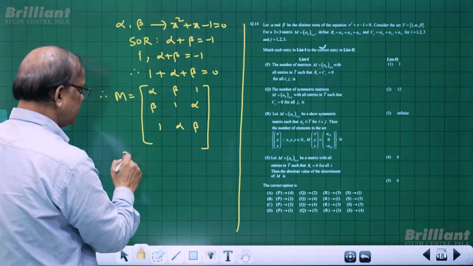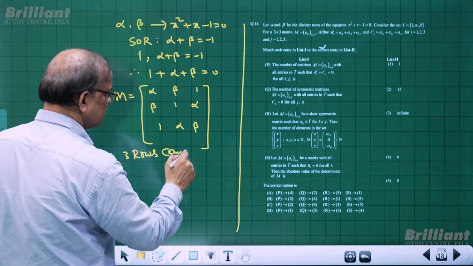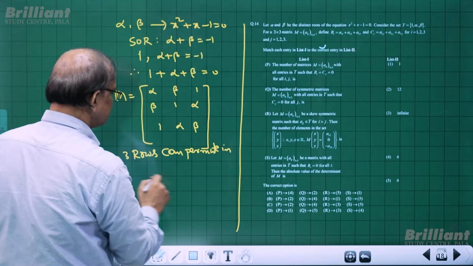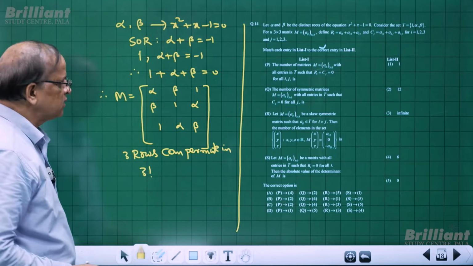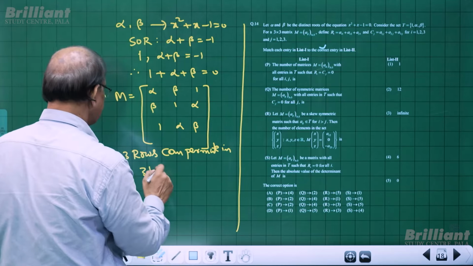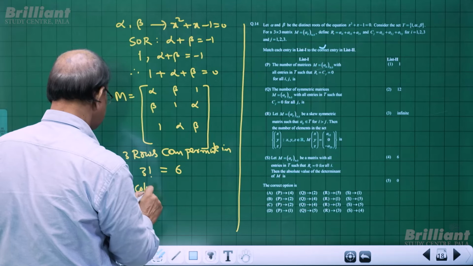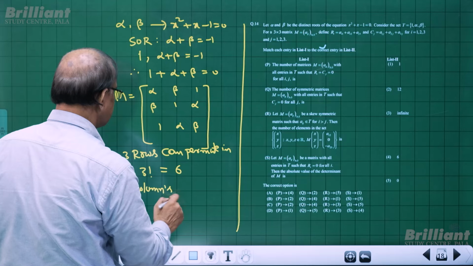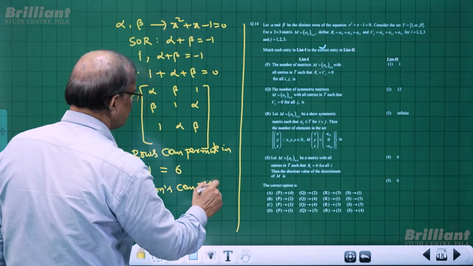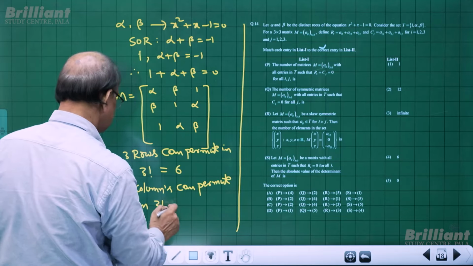So, the 3 rows can permute in 3 factorial ways, that is 6, and the 3 columns can also permute in 3 factorial, that is 6.